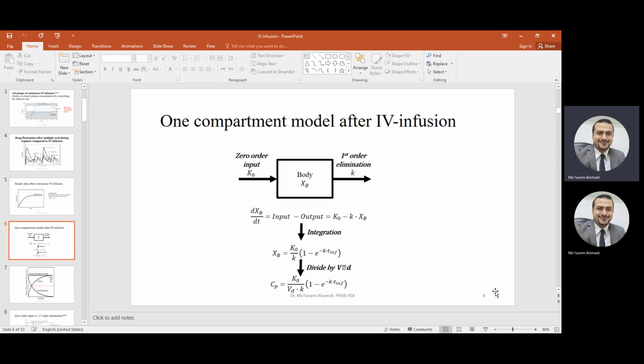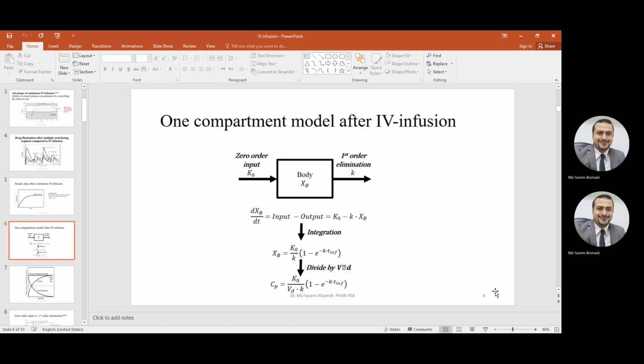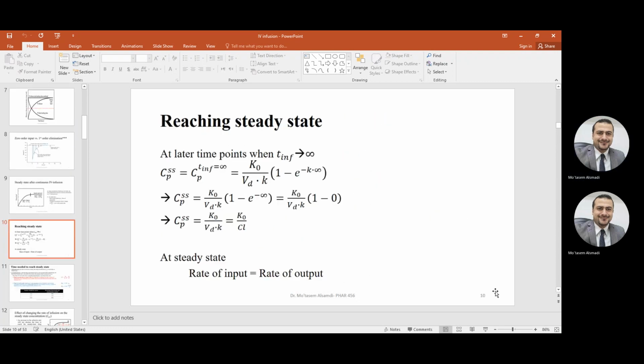This is the equation for concentration in plasma for continuous IV infusion. As long as the infusion is continuous, we can use this equation before reaching steady state. At steady state, this equation will transform into something like this: CPSS is equal to K0 divided by clearance, or divided by VD and K.